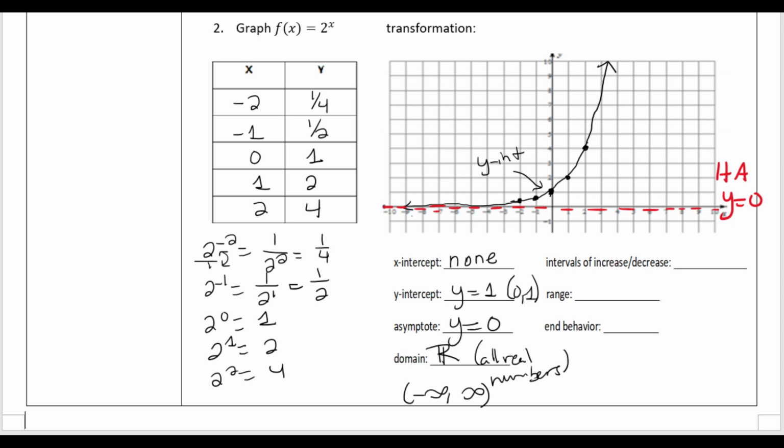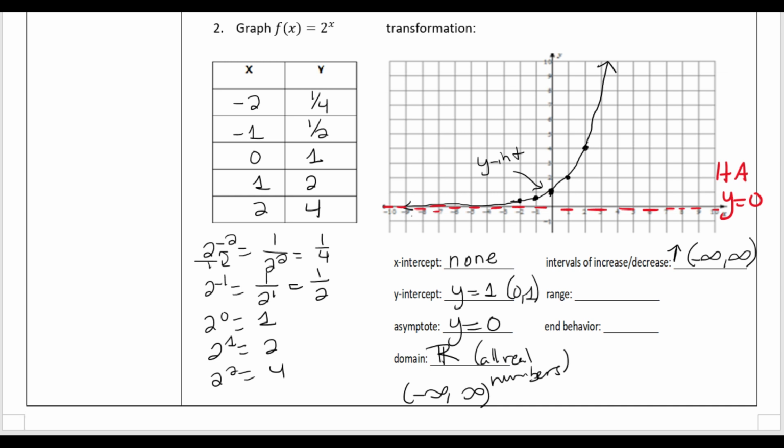So this graph increases from all x values. Notice that if you're going from left to right here, it increases from negative infinity to positive infinity. So it increases from left to right for all numbers. So from negative infinity to positive infinity. I want you to get used to writing those intervals of increase and decrease.